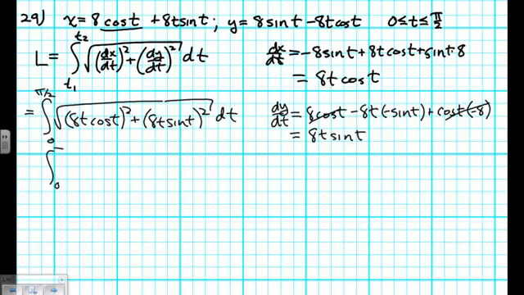If you square it, you get 64 t squared times cosine squared, and 64 t squared times sine squared. The 64 t squared is common to both terms, so I can pull it out, and that leaves me with the Pythagorean identity.